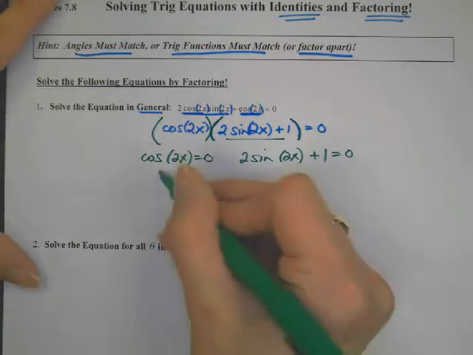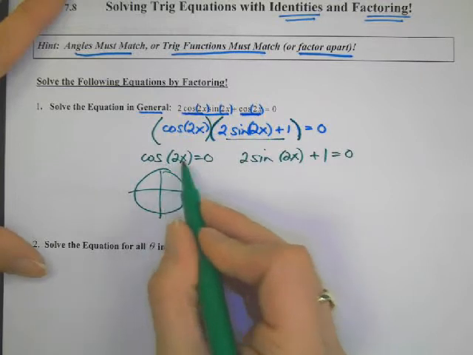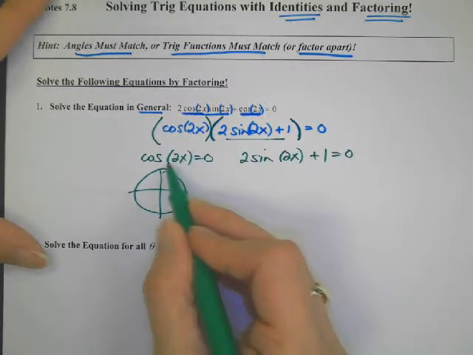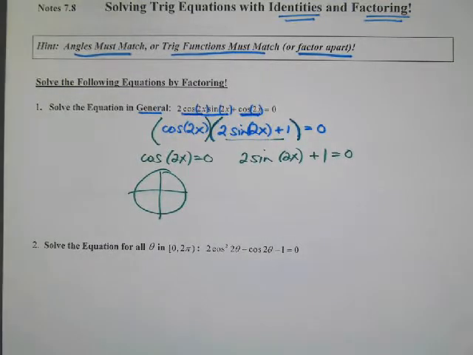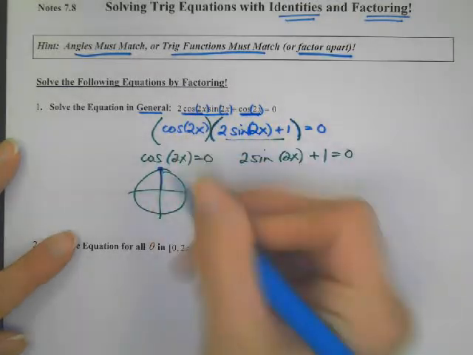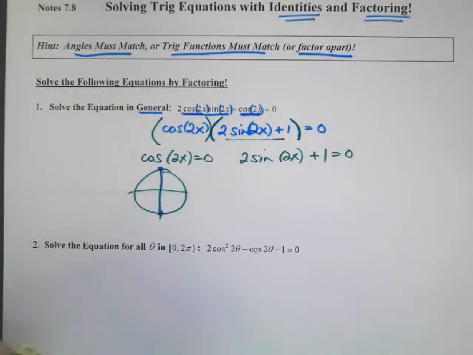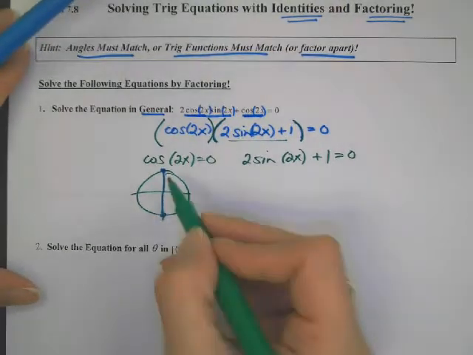Okay, mini unit circle time. Where is the cosine 0? Remember, we're not going to divide by 2. That's the angle. That's his name. You don't change his name. We're trying to figure out where the cosine is 0, and that happens up at pi over 2 and at 3 pi over 2. There's 2 places. Can you write this as one equation? Great, let's do it.